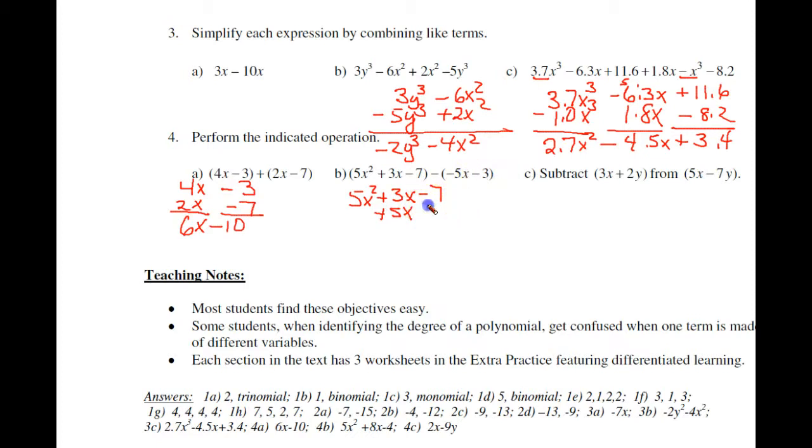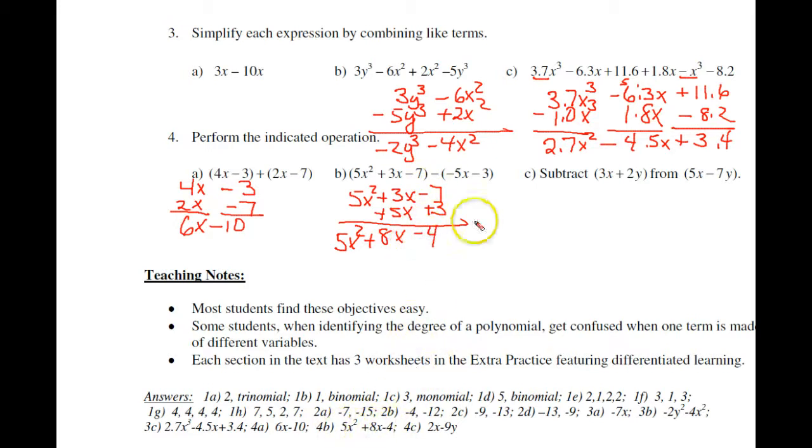This is going to become a plus 3. So now we're no longer subtracting, we're adding. And sometimes it's unlike sign numbers. But the process of subtracting was to change these signs, which we did, and now we just add. So 5x squared plus 8x minus 4.